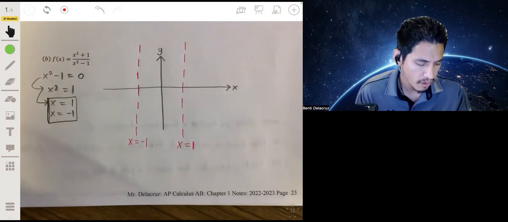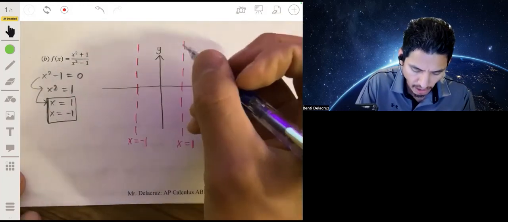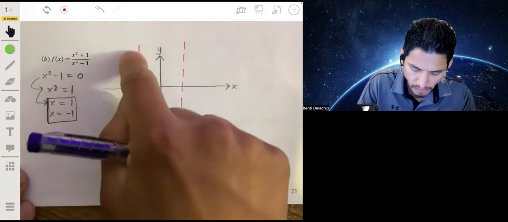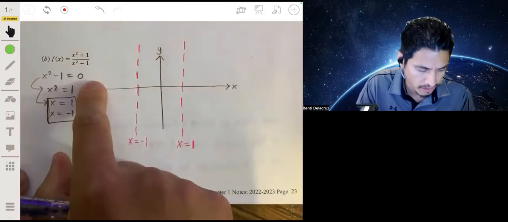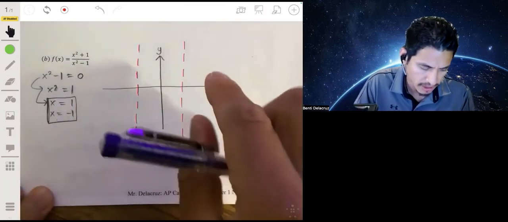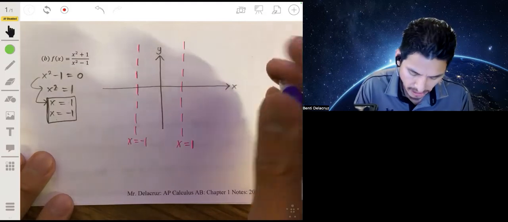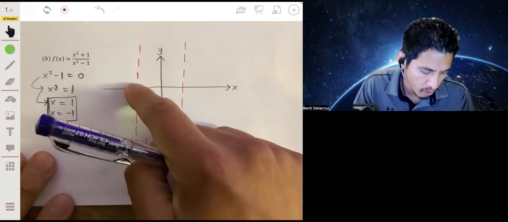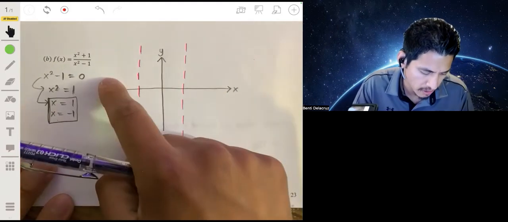If you want to figure it out, you could just plug in a value of x in here. Let's say x equals negative 100 or something.